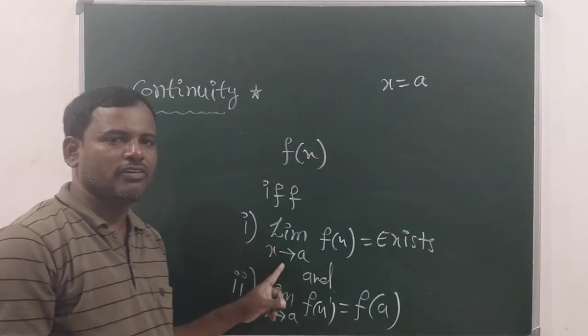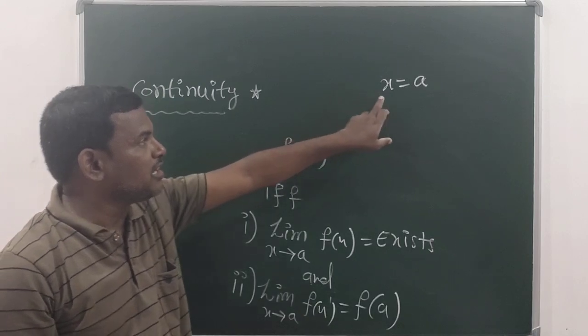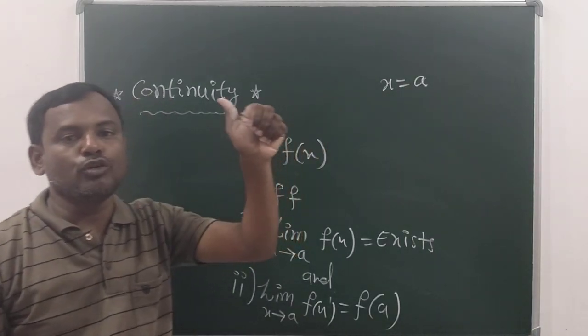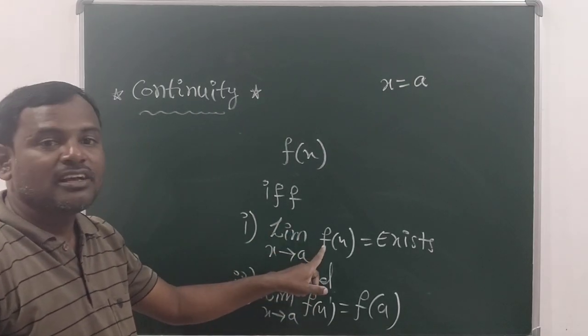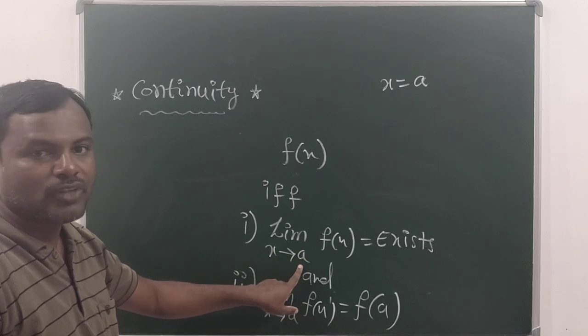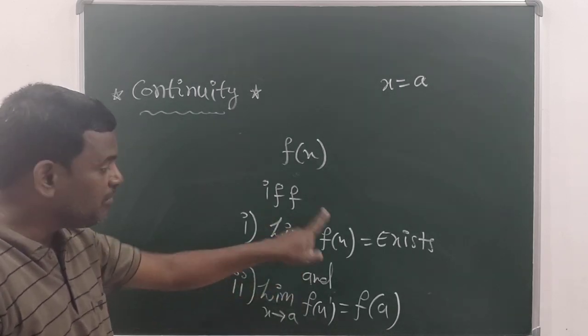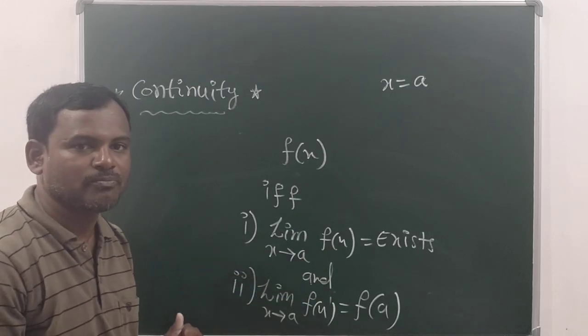So here what did we learn? To check whether this function is continuous or not at x equal to a, you would have to calculate the limit value of this function when x approaches a. How to evaluate the limit value of this function when x approaches a, you learnt in the limits chapter.